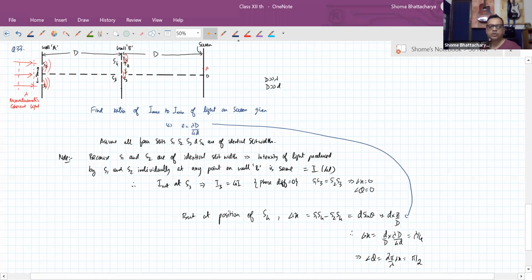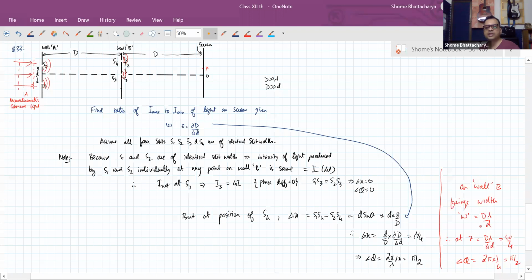So we could have also used the shortcut concept over here. We could have seen that here on the wall B, the fringe width W, let's say, is D lambda by d. So therefore, at z equal to D lambda by 4d, that is 1/4 of fringe width, the phase difference directly is 2 pi into 1 by 4.